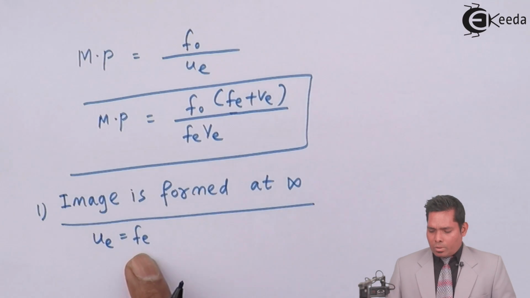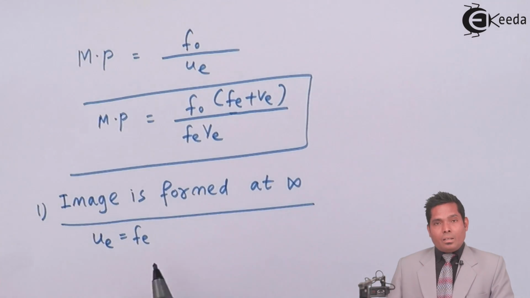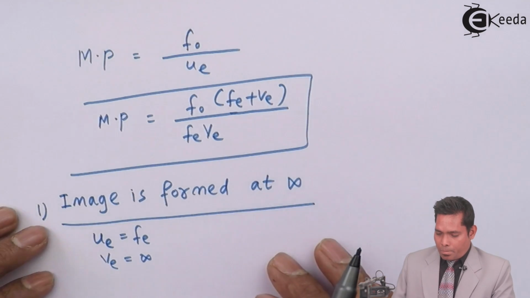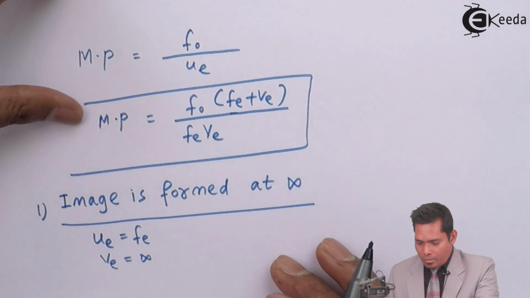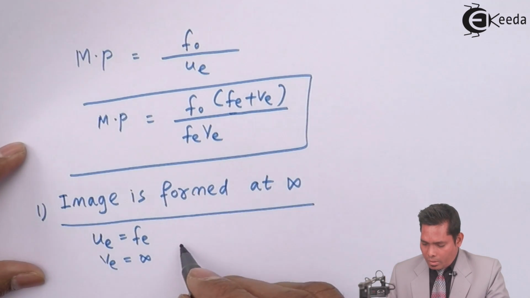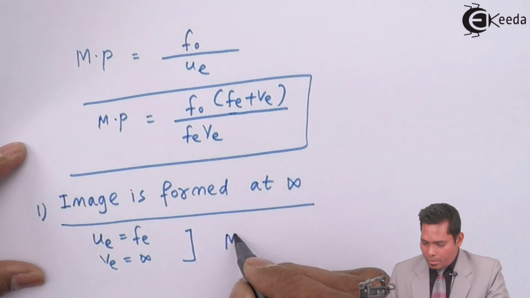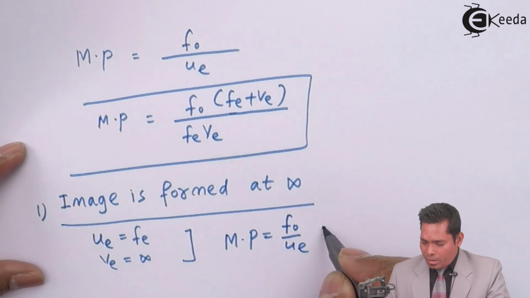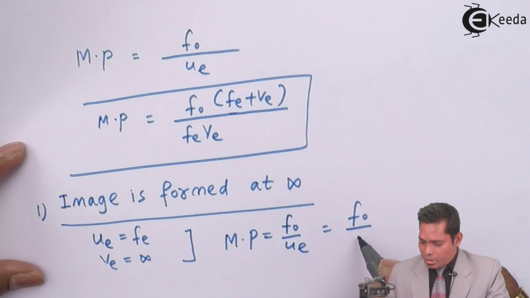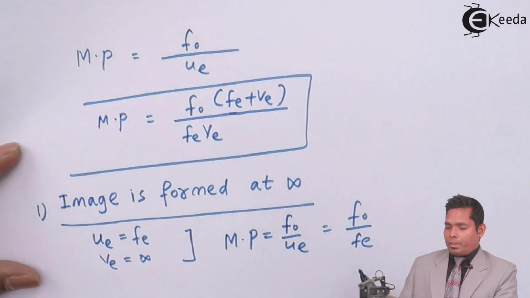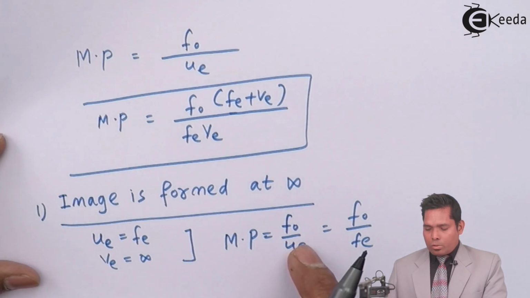So if I substitute this, the final VE becomes infinity. I can use this, or I can use directly the formula I have got. Magnifying power is FO by UE. From this I will get FO by FE. So this is the formula when the image is formed at infinity.